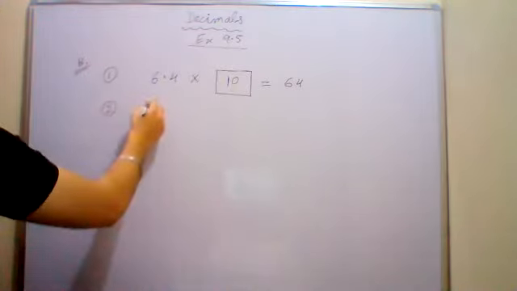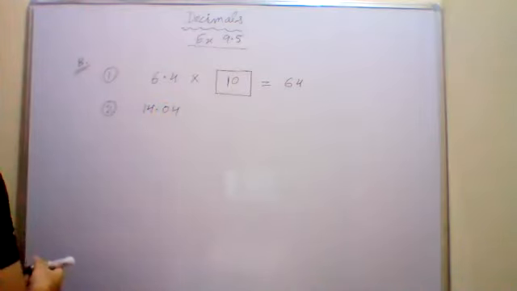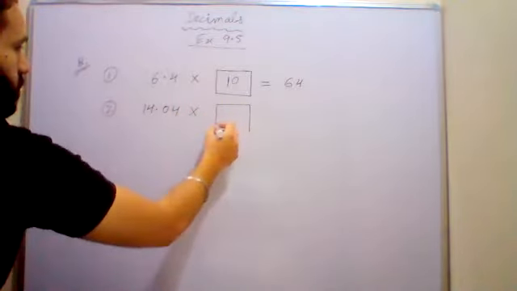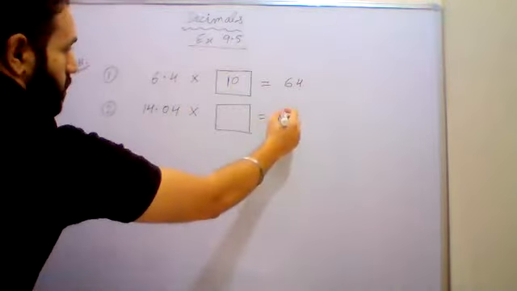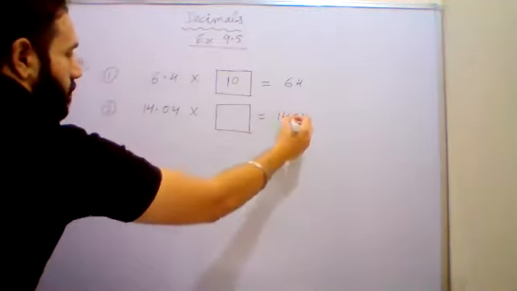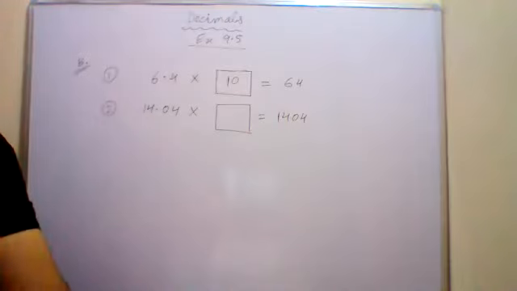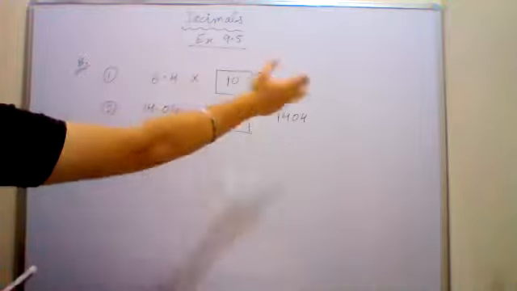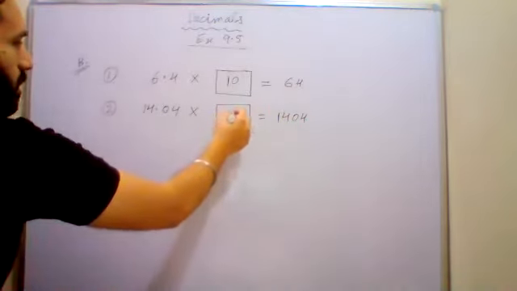Second question. 14.04 multiplied by what is equal to 1404. Sir, 100? Yes, 100, correct. The decimal has moved 2 places to the right side, so you will write 100.